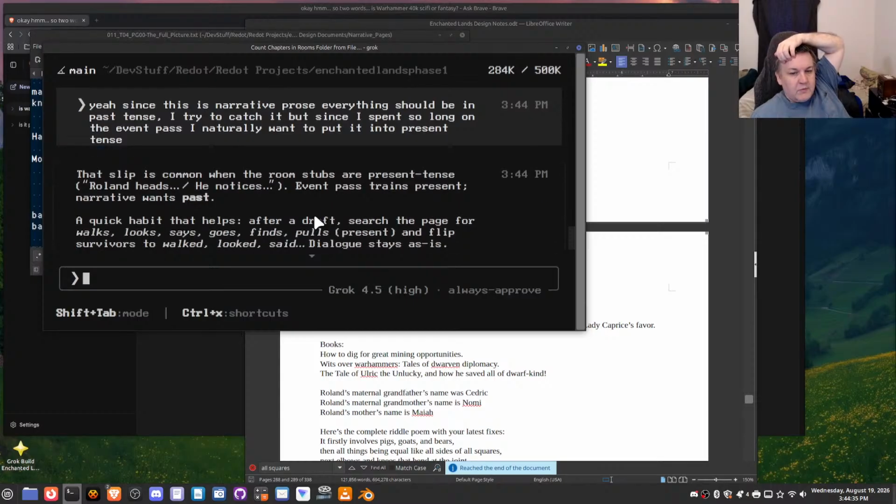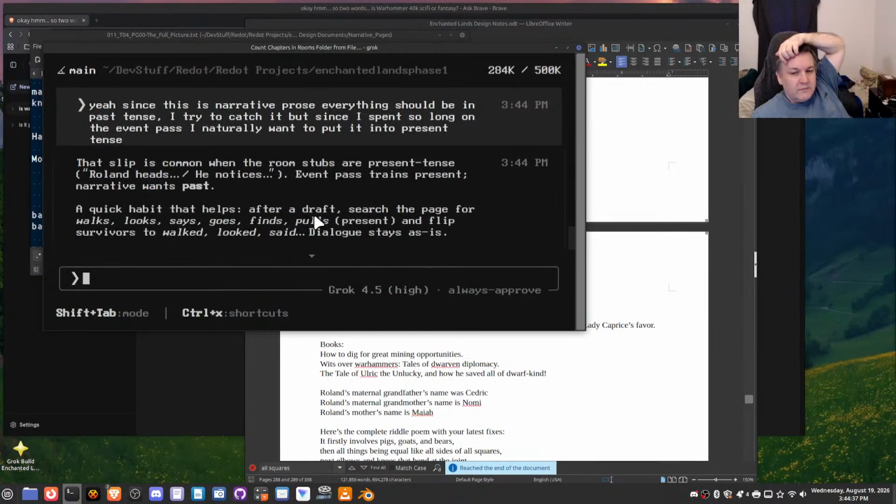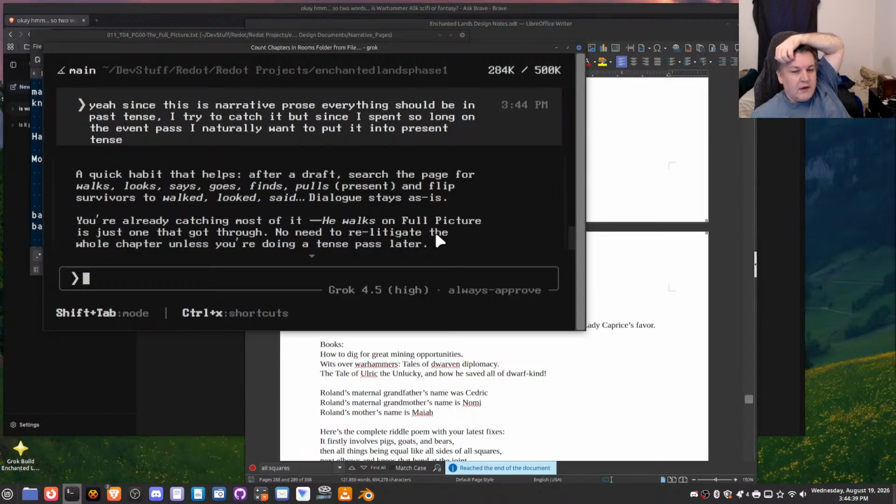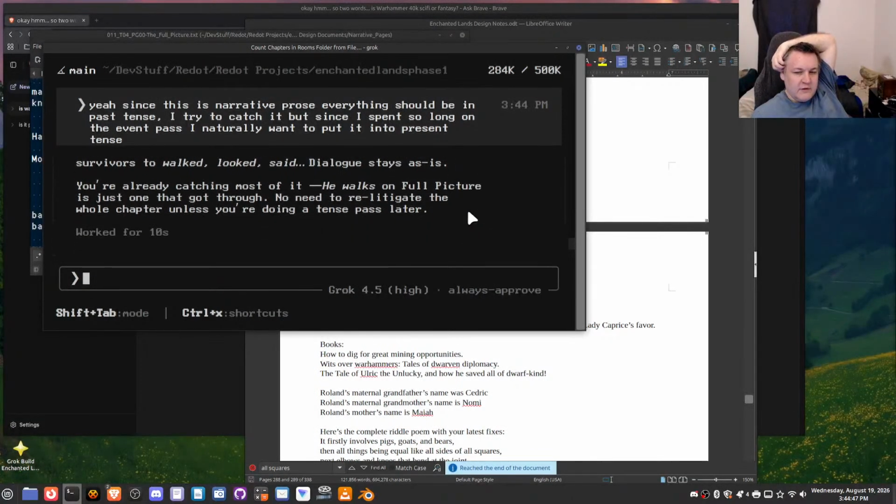That slip is common when the room stubs are present tense. A quick habit that helps after a draft: search the page for walks, looks, says, goes, finds, pulls, present, and flip survivors to walk, looked. Okay. You're already catching most of it. He walks on the full picture is just one that got through.